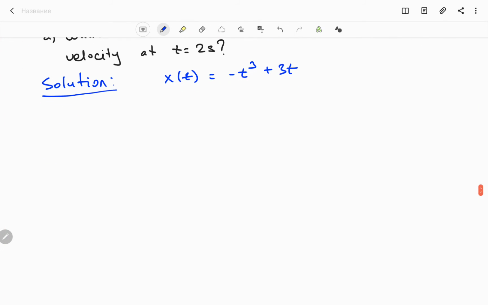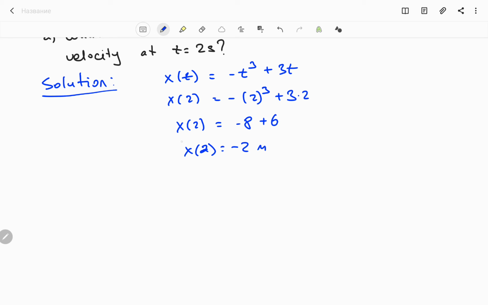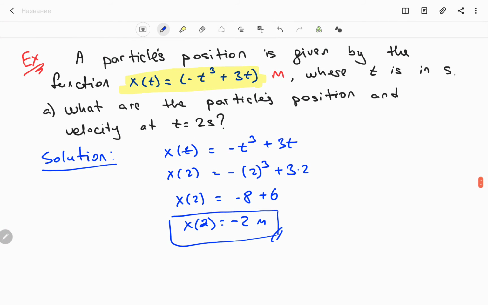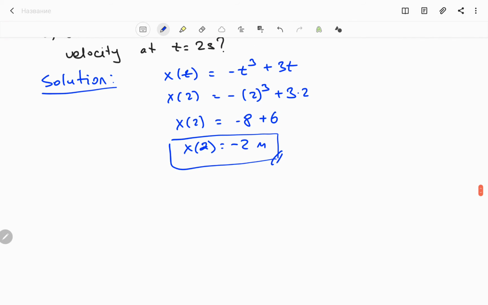So we need to replace time by 2. 2 to the power of 3, 3 times 2. So position at 2 seconds will be equal to minus 8 plus 6. Position will be equal to negative 2 meters. This is position.